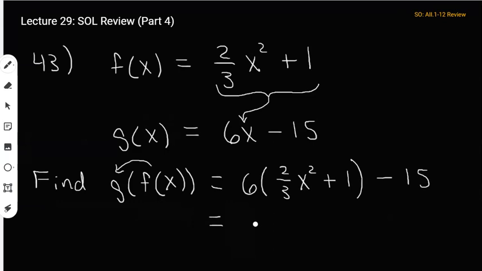So let's see what happens to this function. I need to multiply everything on the inside by 6. When I do that, 6 times 2/3 is going to give me 4x squared plus 6 times 1 is going to give me 6. And then I'm subtracting 15 at the end.